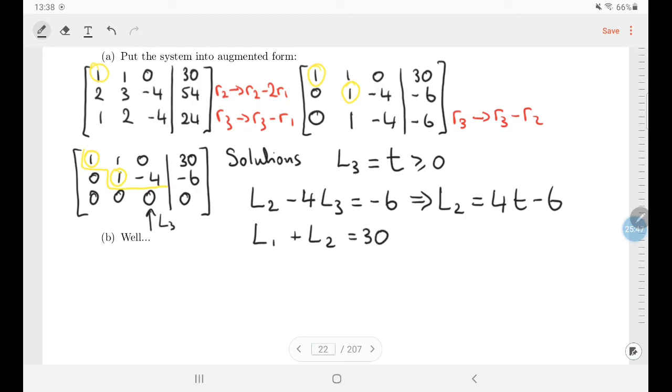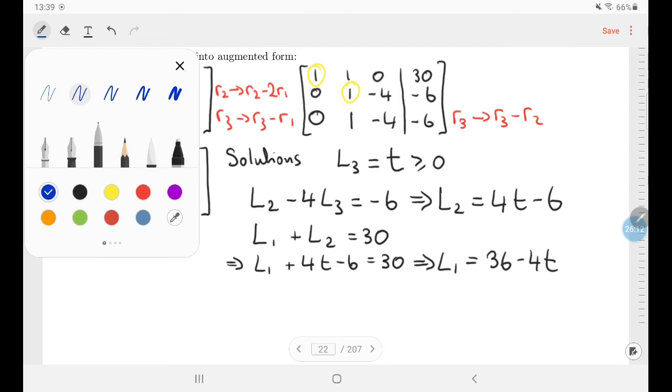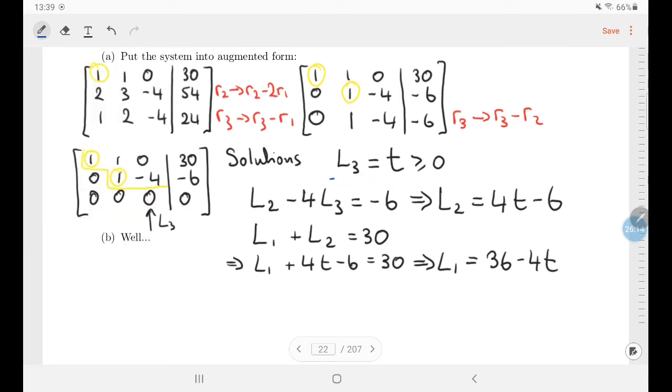And we know that L2 is equal to 4T minus 6. And we can add the 6 to both sides and take away the 4T to find that L1 is equal to 30 plus 6 is 36. Take away the 4T from both sides, we get that. So what we find is L3 can be anything.